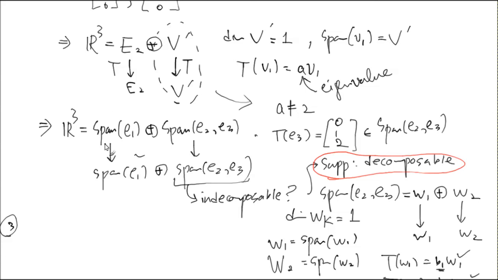One dimension, you can't go any further. And here, I argue that if it splits into invariant spaces, it violates the size of the eigenspaces. Therefore, we can't decompose any further. Therefore, this is indecomposable, and this is a final state. You can't split it any further into invariant spaces. So this is a final decomposition.